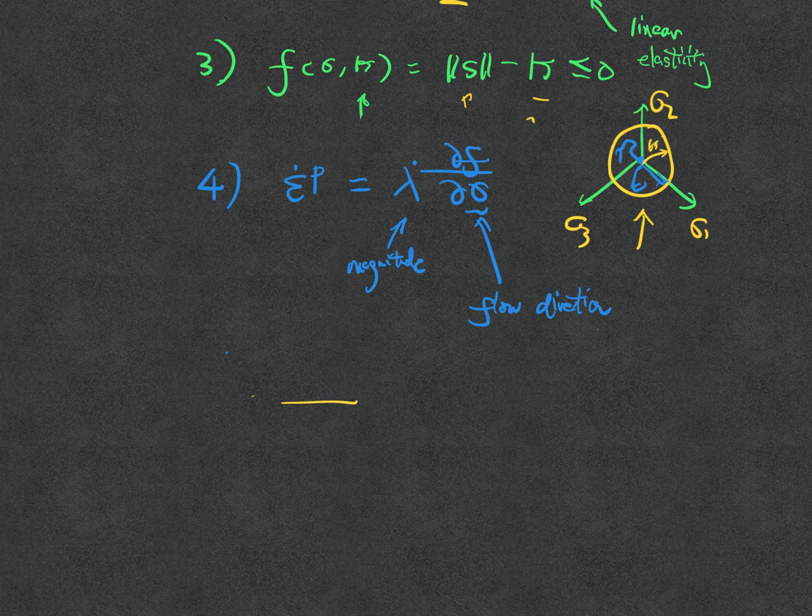So for example, let me give an example. If the trace of the stress gradient is equal to 0, then what do we understand about the plastic flow? What kind of plastic deformation would you get?